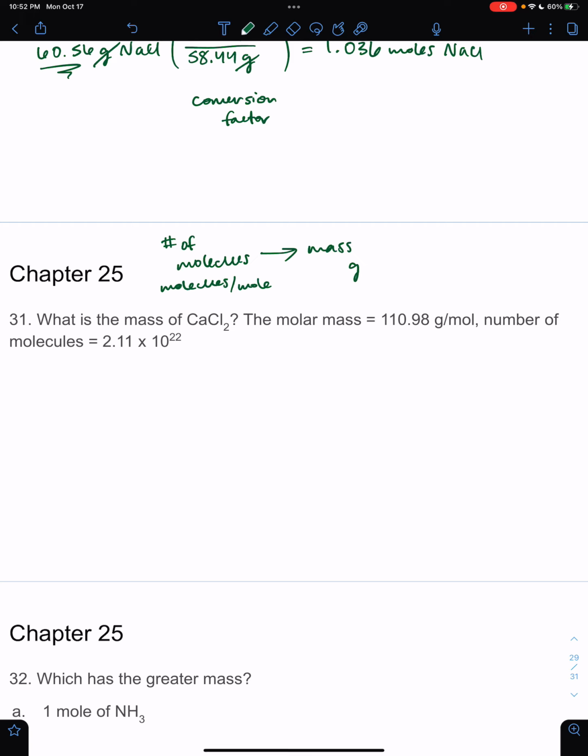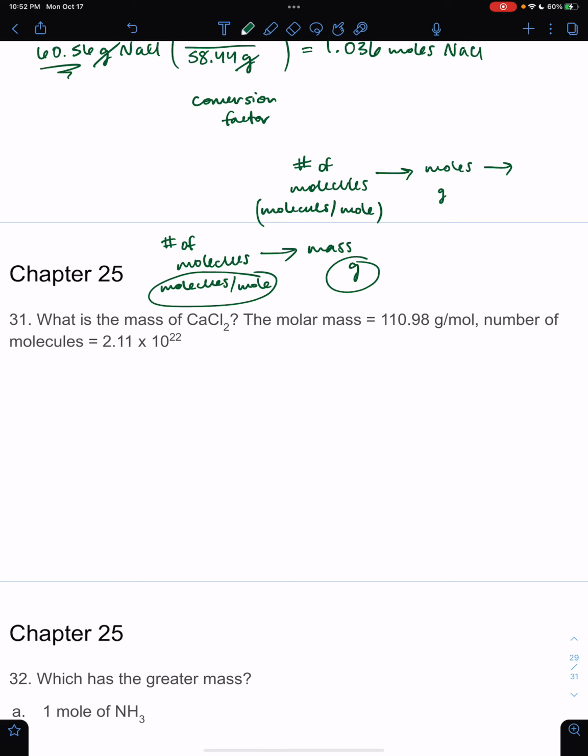So these two factors don't relate to each other directly. We're going to have to go from number of molecules, which is in molecules per mole, to moles, which is in grams per mole, to grams. So we can't go straight here. Have to go here and then here.